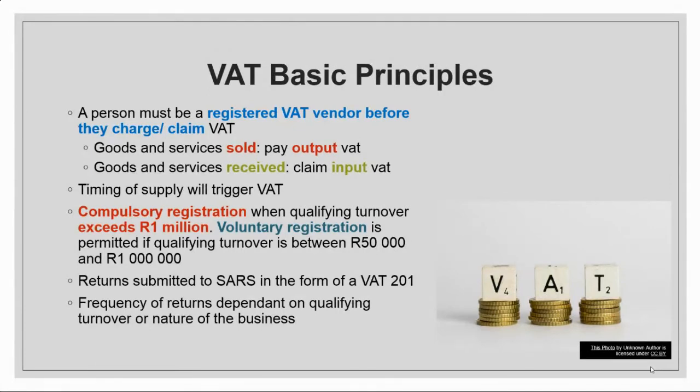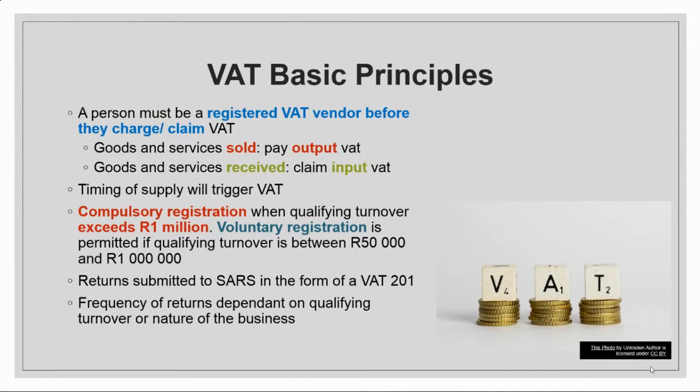Then returns need to be submitted in the form of a VAT 201 to SARS. On that form, we generally document your output VAT. We split it between your standard rated supplies, zero rated supplies, and then also your exempt supplies.